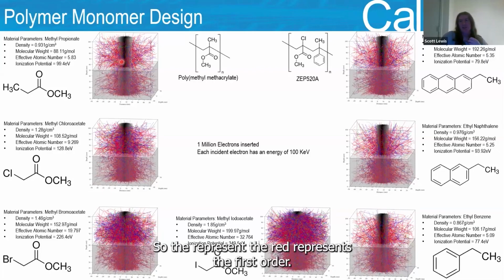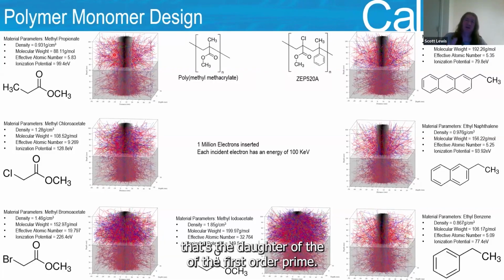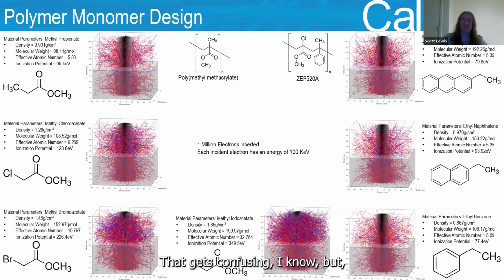The red represents the first order. The green represents the second order, which means that's the daughter of the first order secondary electron. Sorry, that's the daughter of the reds. Then you get blues, and they're the daughter of the second order secondary electrons. That gets confusing, I know, but that's what it is.